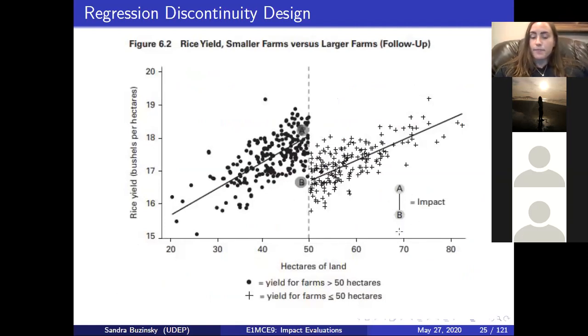So A minus B, in this case, because we're saying people below 50, this was the farm example, where if you had a small or medium-sized farm, you got access to this price subsidy. So it was any farm with under 50 hectares. So then the treatment effect is A minus B.